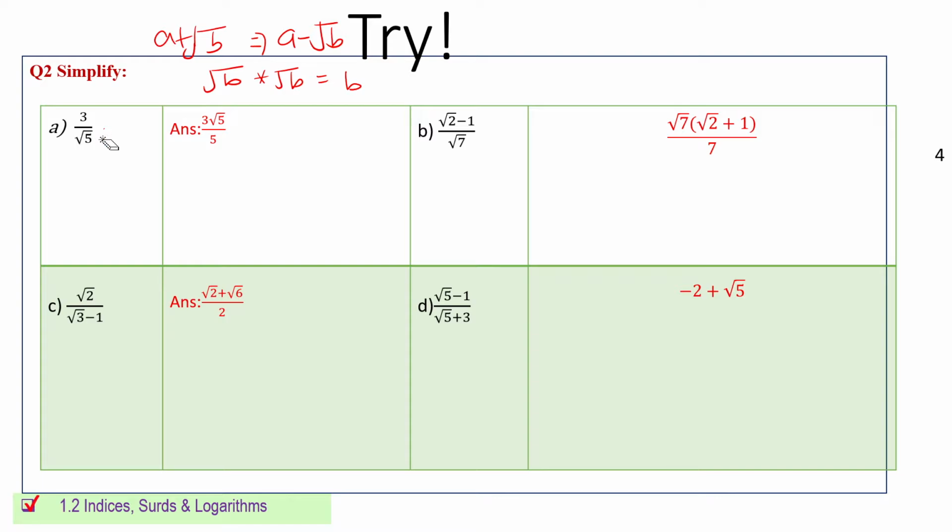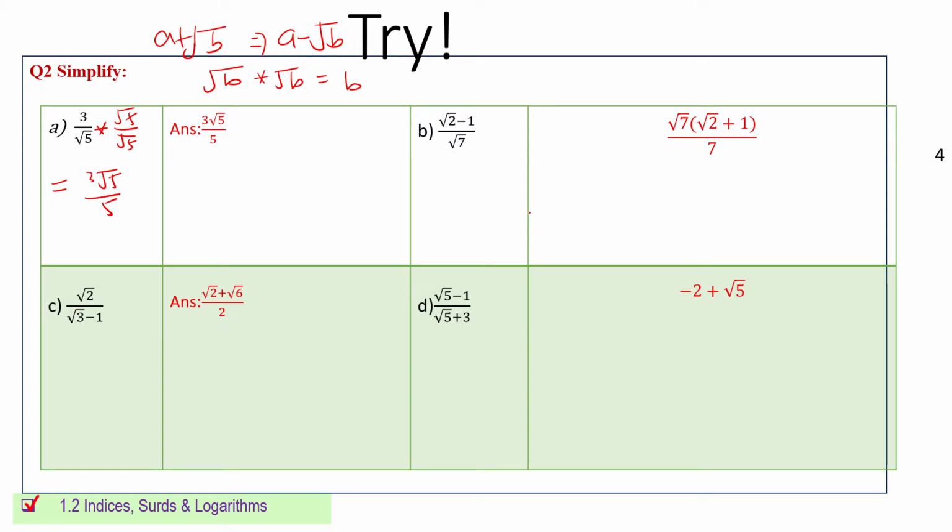So for 3 over surd 5, we only have a surd 5 at the denominator. So what we're going to do is multiply surd 5 over surd 5. So I'm going to have 3 surd 5 over 5. So my denominator has no more surd.